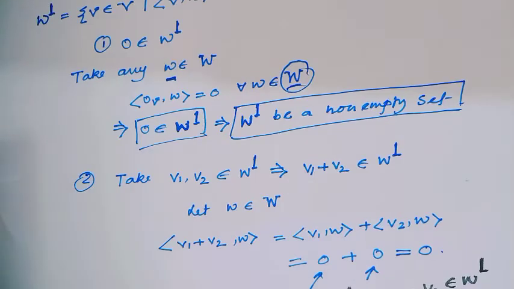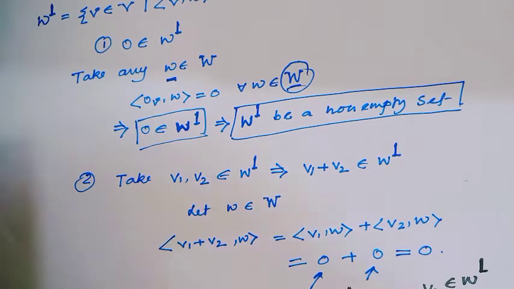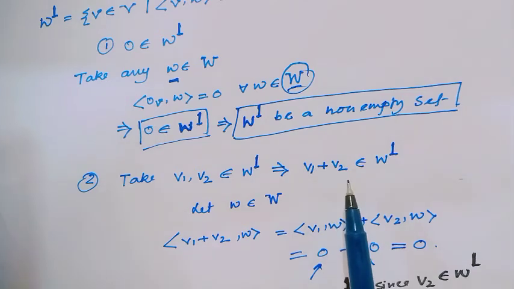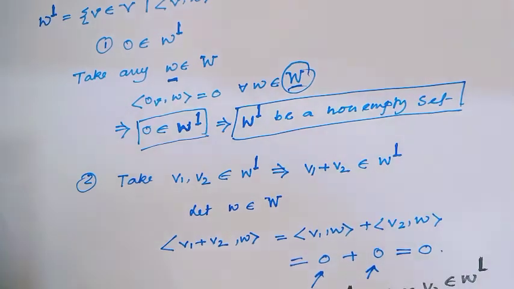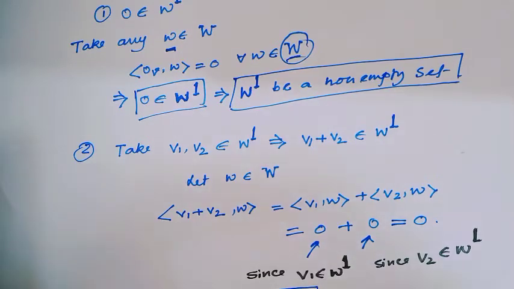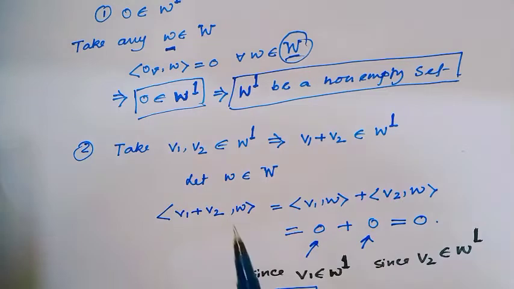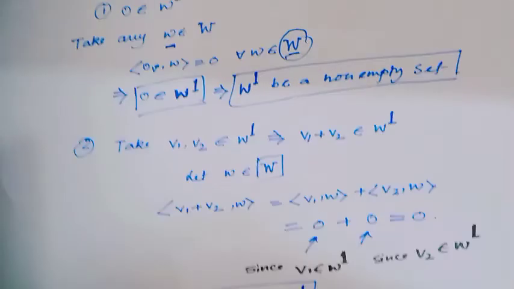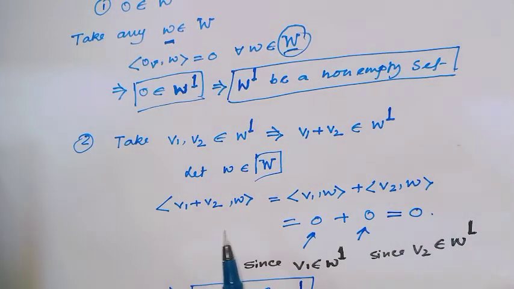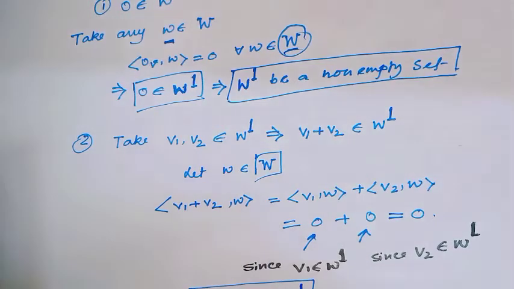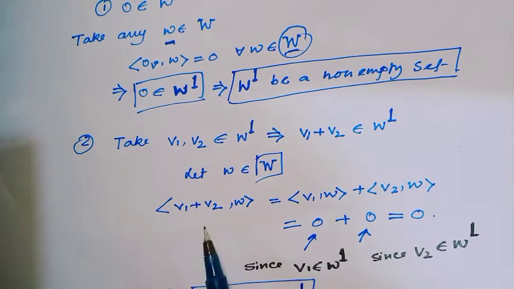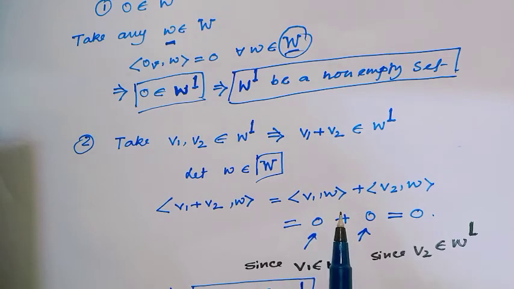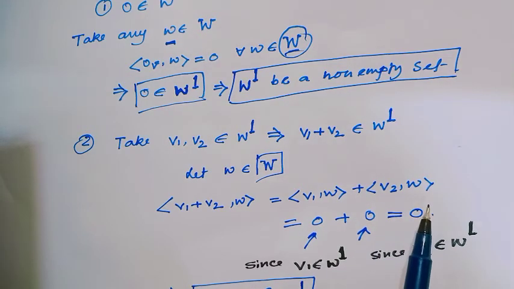Okay. Now consider two vectors v1, v2 belonging to W perp, and we have to check that their sum belongs to W perp. For this, consider an arbitrary element w belonging to the subspace W. Then the inner product of v1 plus v2 with w equals, by the distributive property, the inner product of v1 with w plus the inner product of v2 with w.